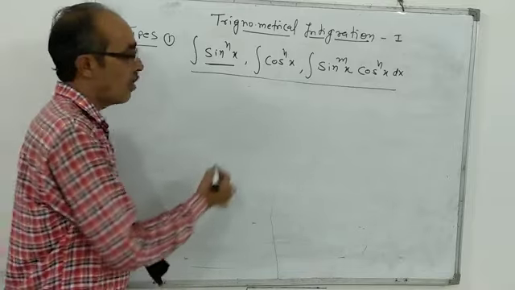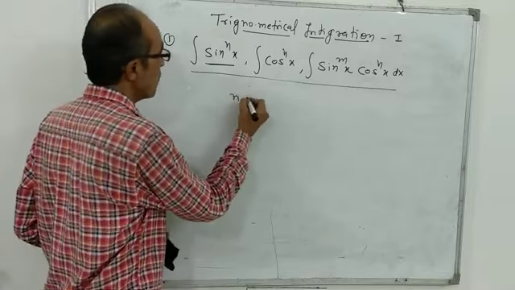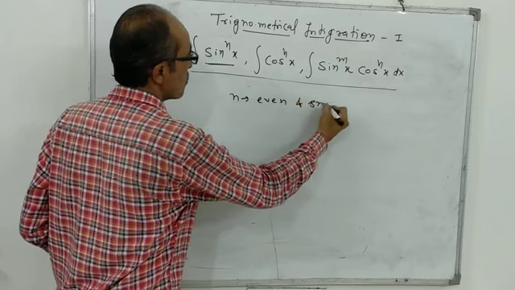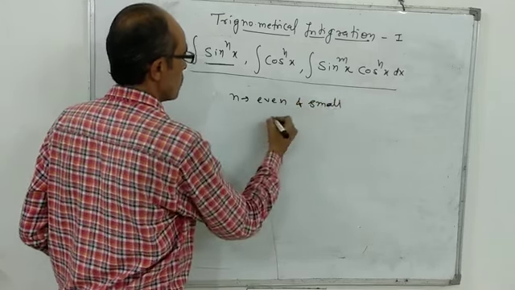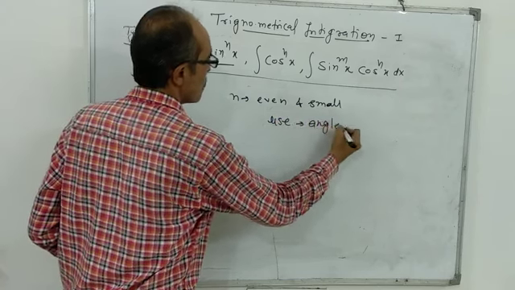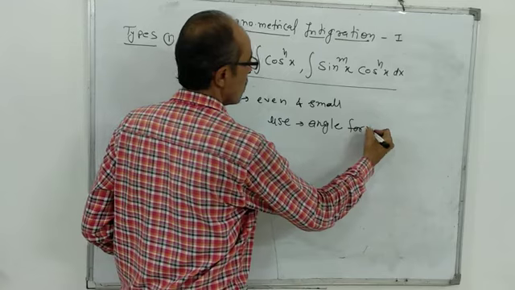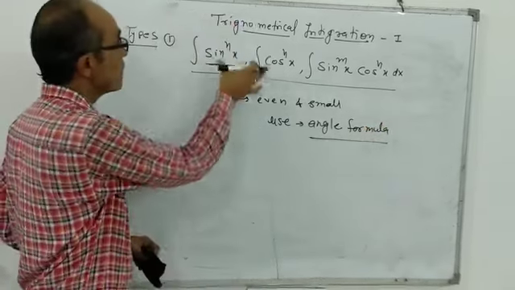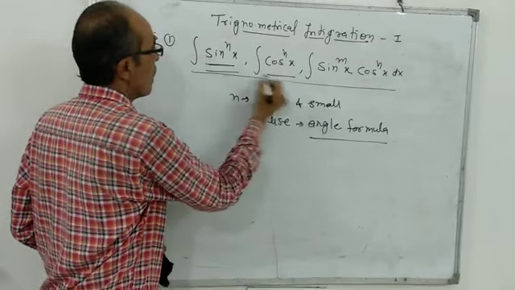So for small power, if n is even and small, then use the angle formula, and we can solve both types of integral as shown.